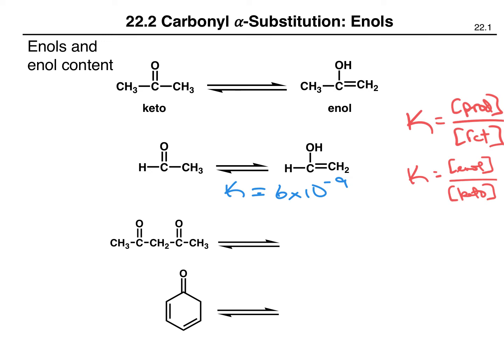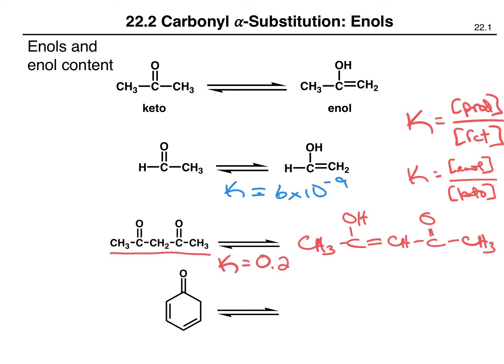If we look at this diketone, we can draw an enol form that looks like this. And the equilibrium constant is 0.2. So this is a much larger number than what we had up here, and therefore, although this is less than 1, it means we still have more keto form than enol form.